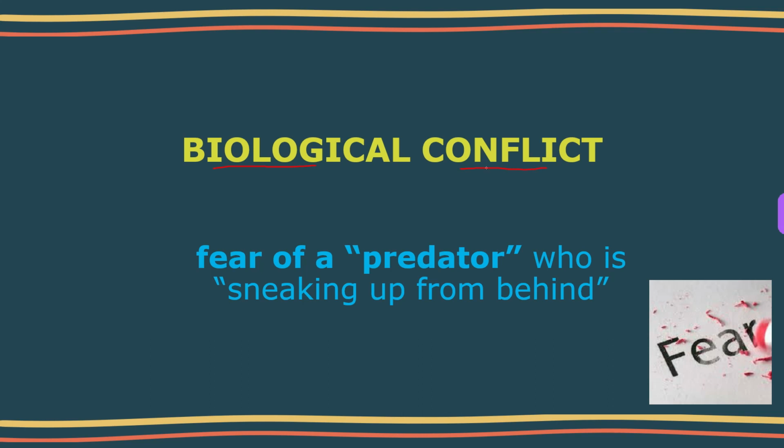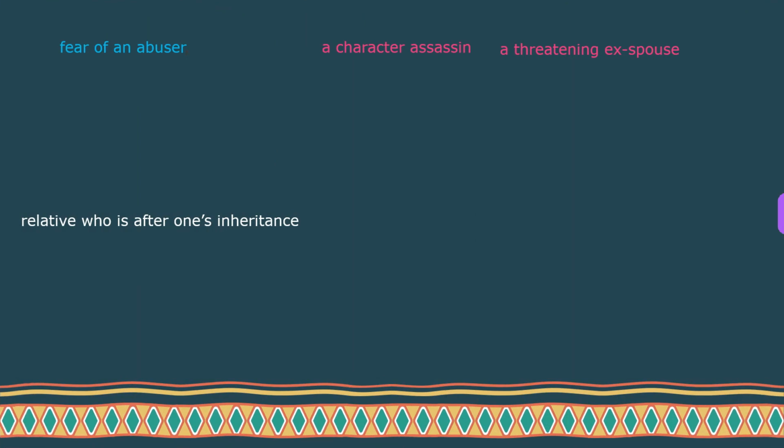The biological conflict linked to the vitreous body is fear of a predator sneaking up from behind, compared with the fear that cannot be shaken off relating to the retina. Thus the conflict is always a fear of a person.